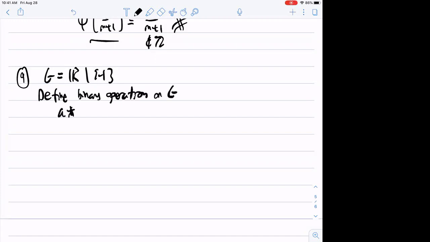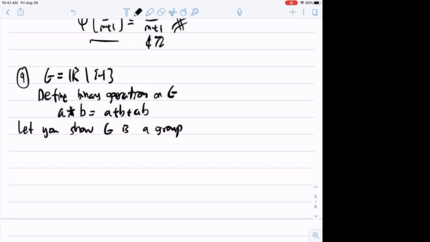A star B is A plus B plus AB. That's our group operation. So I'll let you show G is a group.